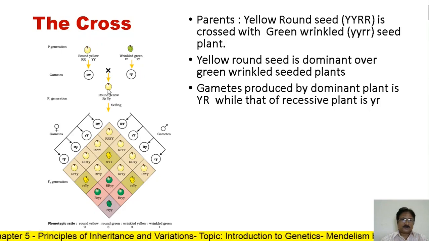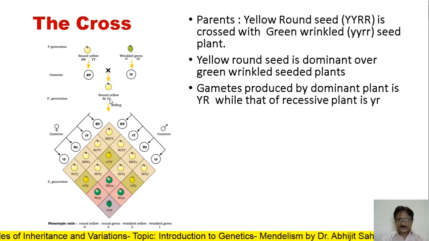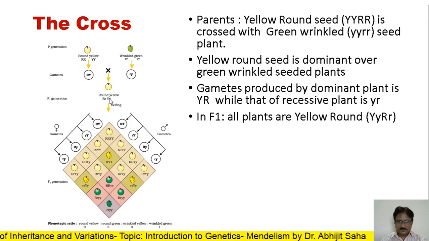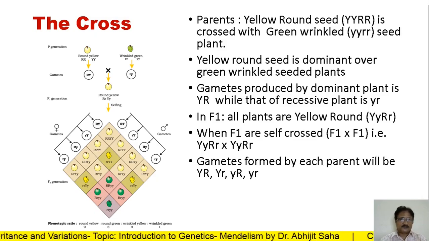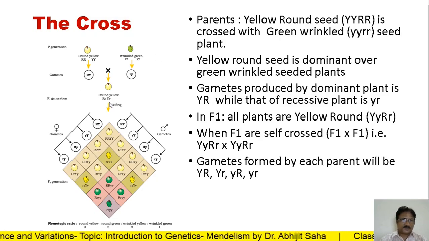Now, when we go for the selfing of the F1 generation, capital R, small r, capital Y, small y, they will form the gametes. Naturally, these gamete formations are probabilities.